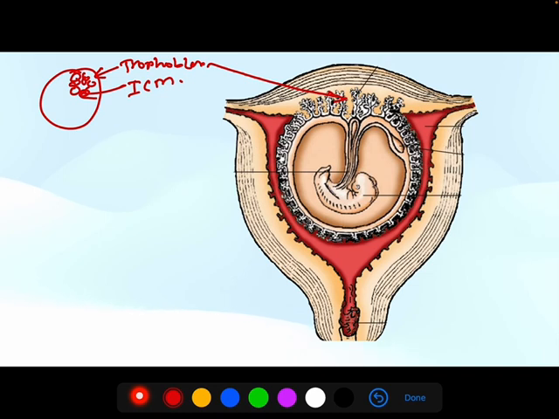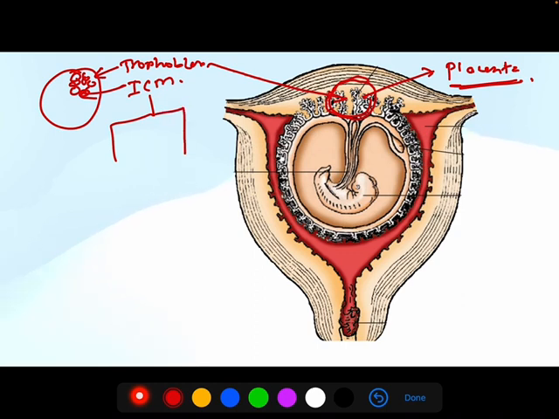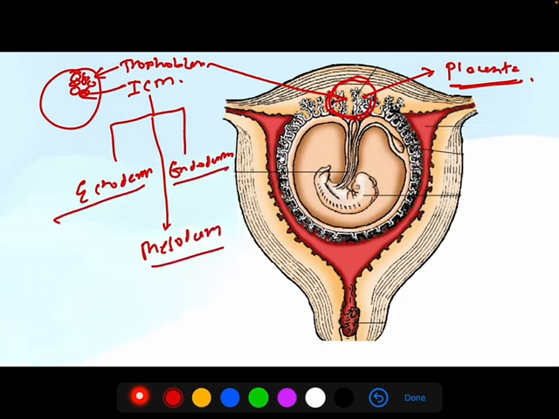And this combination of both chorionic villi and the uterine tissue is together called the placenta. It's very, very important. And then this inner cell mass gets divided into the ectoderm and endoderm, and after a few days, mesoderm is formed. So we have the ectoderm, the endoderm, and the mesoderm, and these all are stem cells, and they give rise to respective tissues later on.